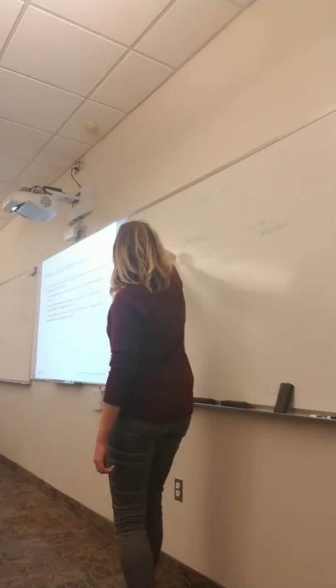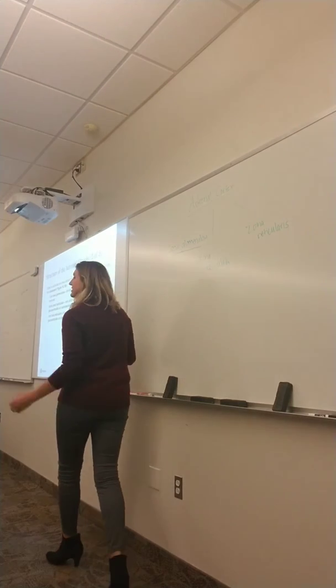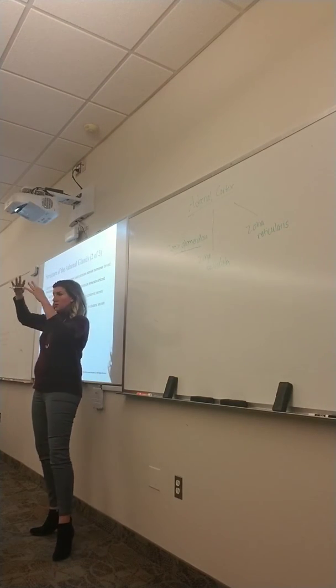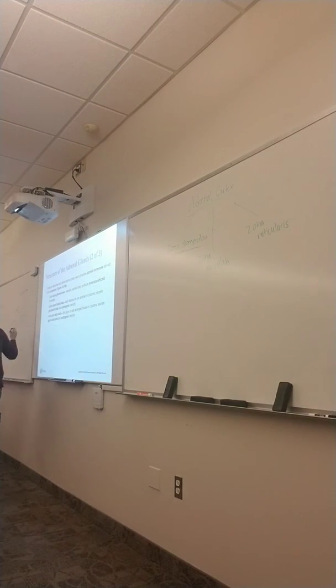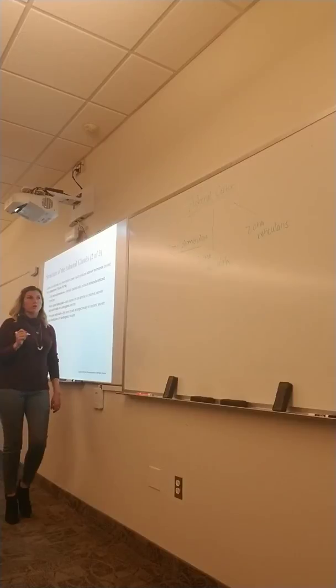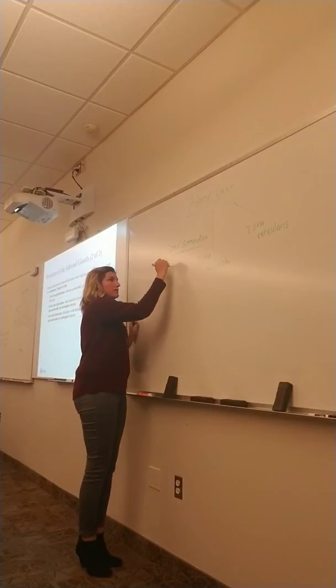So the zona glomerulosa is densely packed. This is the outermost area. So the zona glomerulosa is this piece here. We're talking cortex, so this is the area just beneath the capsule. ZG, right? These are mineral corticoids that are going to be released there.